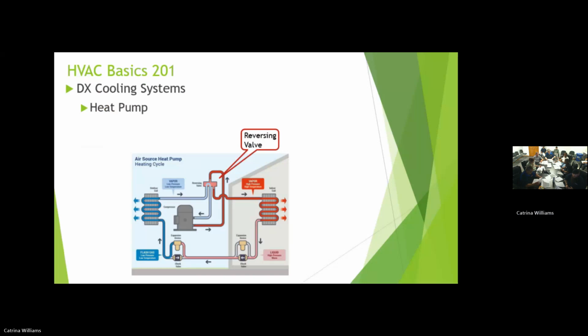Now, in milder climates, they can use heat pumps. And a heat pump is a refrigeration system like we just talked about, but it's got a reversing valve in there. What does the reversing valve do? It flip-flops the condenser and the evaporator.